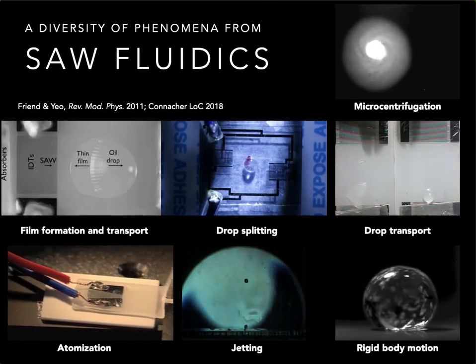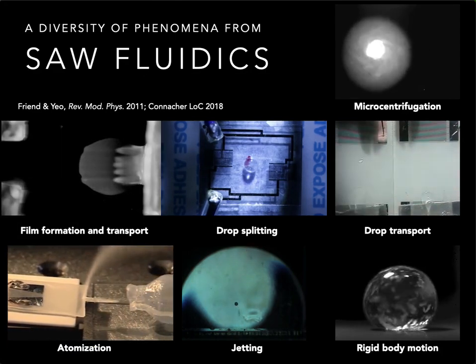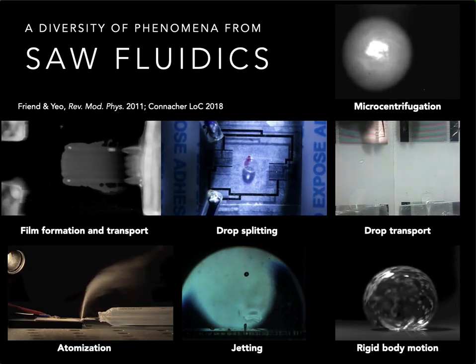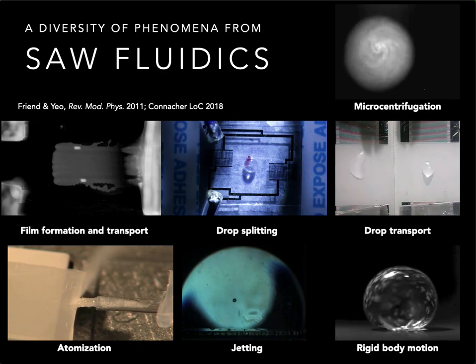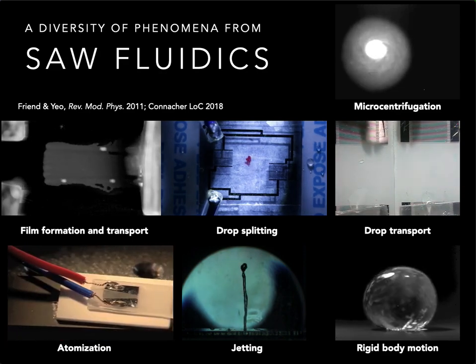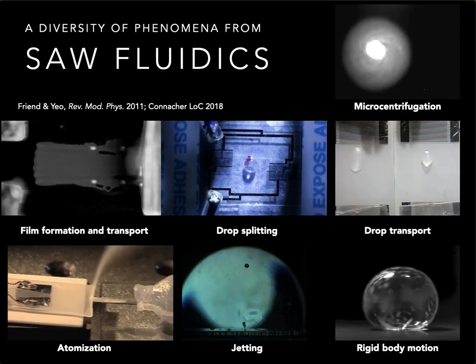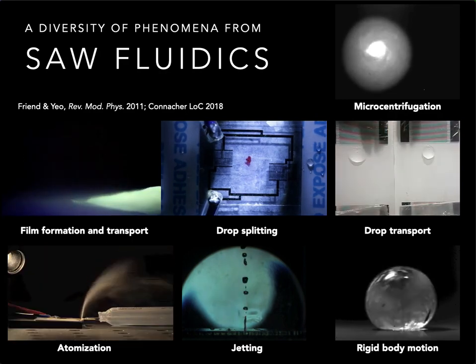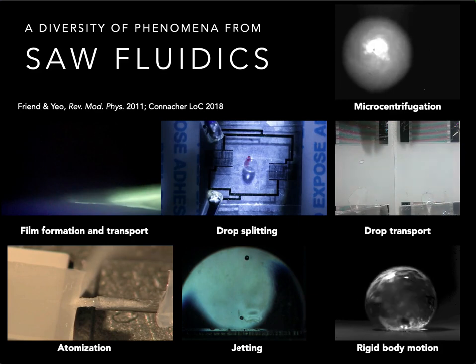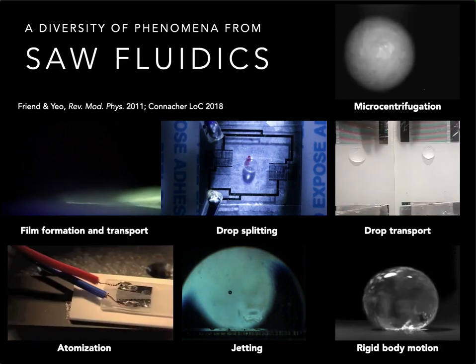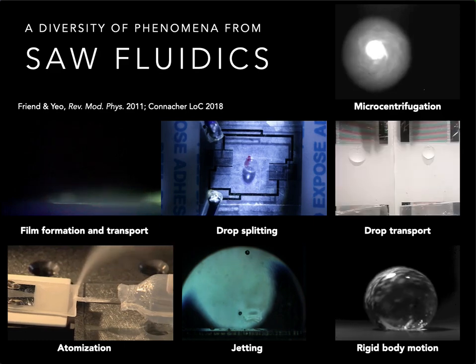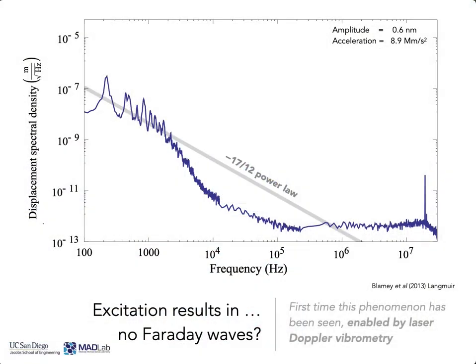Over the years, we've been busy making all sorts of devices to manipulate fluids in various ways, including atomization at the lower left, but also jetting, droplet transport, splitting, film formation and transport. Pretty much, we discover new fluidic phenomena as a consequence of the very high frequency excitation that we use inside the system.